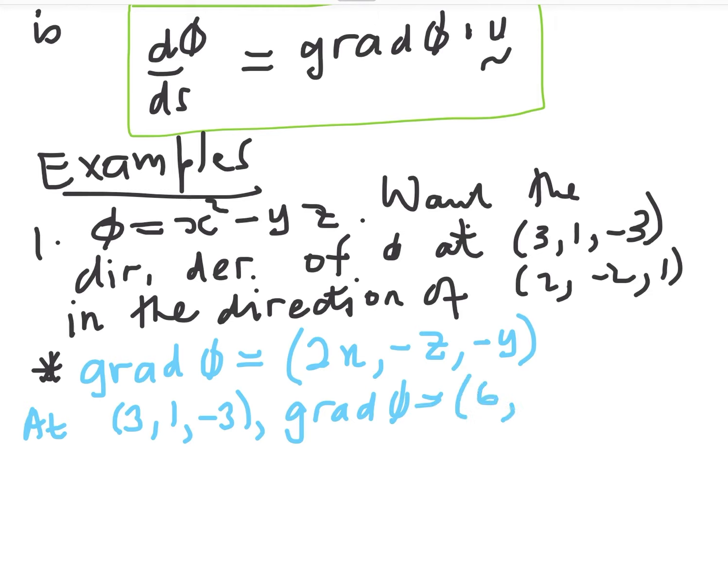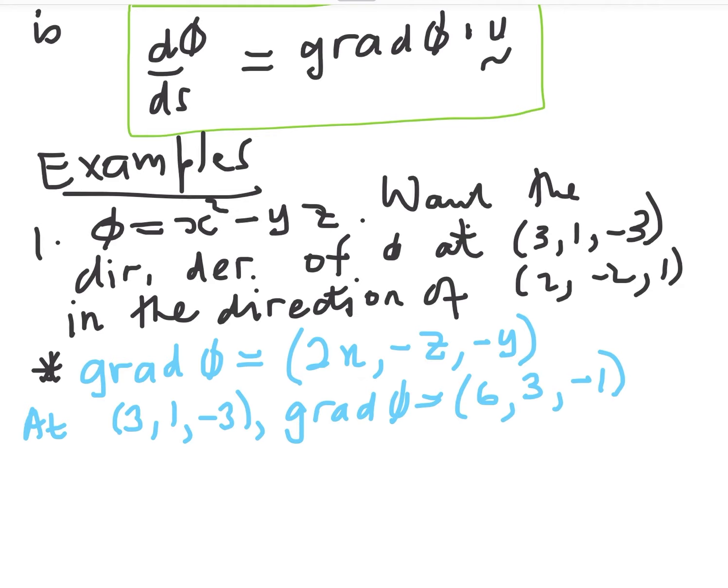If you put z equal to minus 3, minus z would be plus 3. And if you put y equal to 1, minus y would be equal to minus 1. So that will be the grad of phi. Now we need a vector u. We are given the direction 2, minus 2, 1.